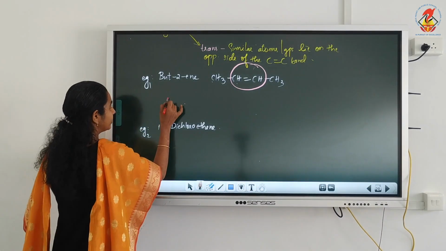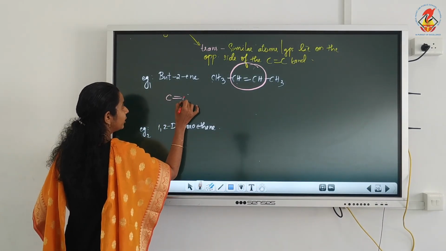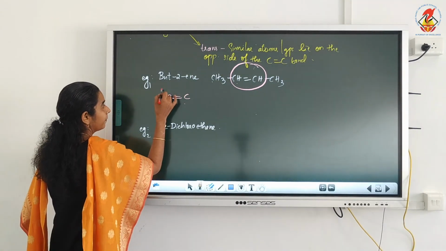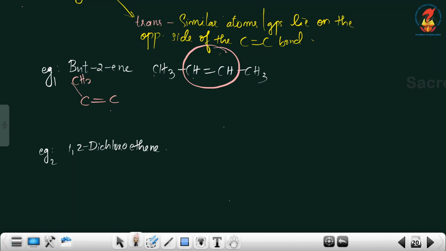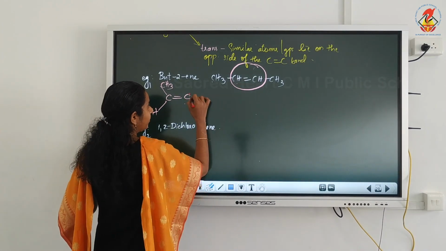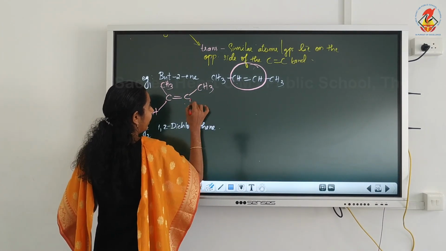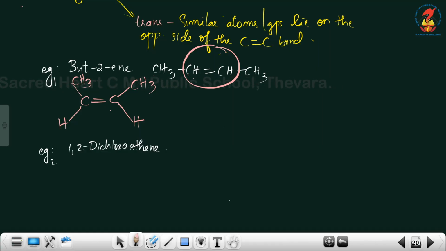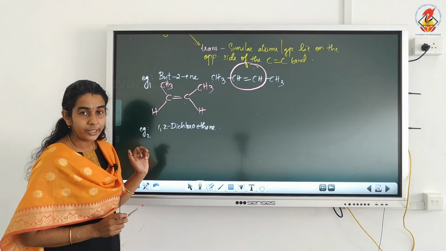Now to draw the isomers, first we have to draw the double bonded carbons. Now mark the groups on the first carbon. This is the way to draw: one is methyl and one is hydrogen. Now on the second carbon also one is methyl and one is hydrogen. Look at the structure. In this structure, the similar groups are present on the same side of the double bonded carbons.